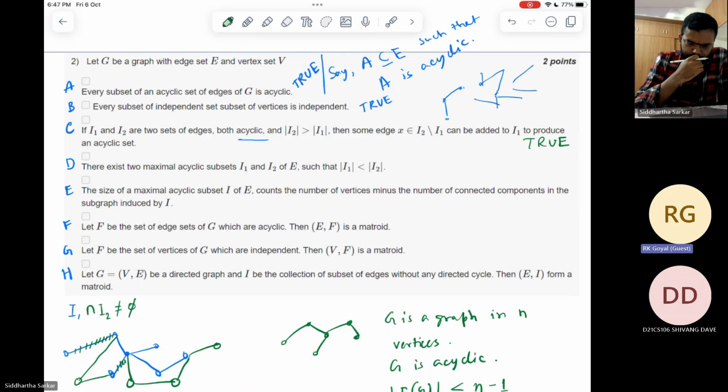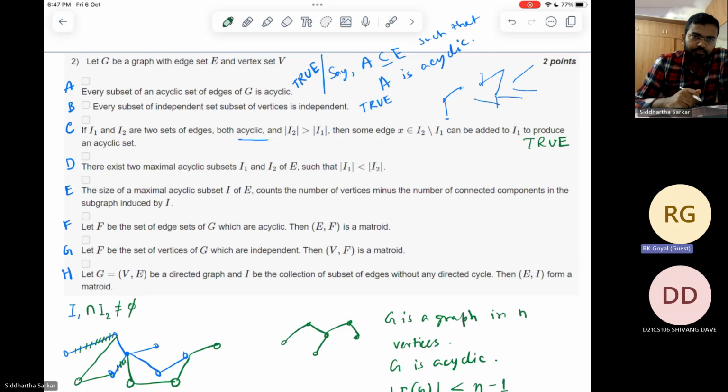The meaning of the next statement is not that clear: that there exist two maximal acyclic subsets, I1 and I2, of the edges, such that I2 is strictly greater than I1.